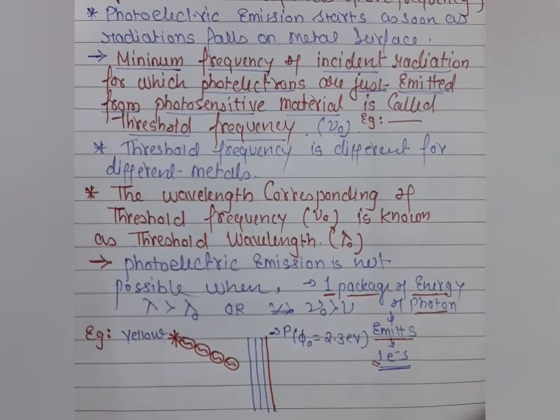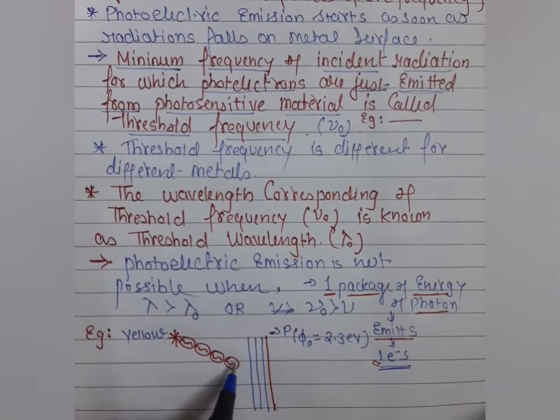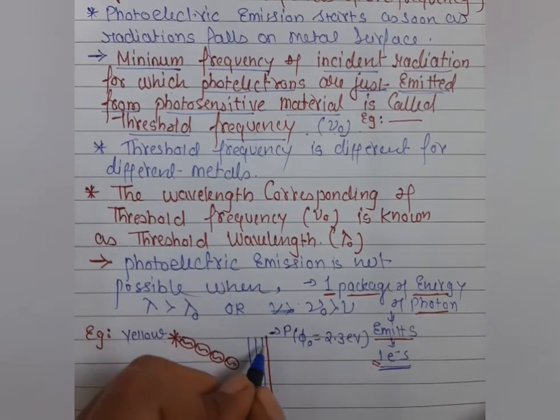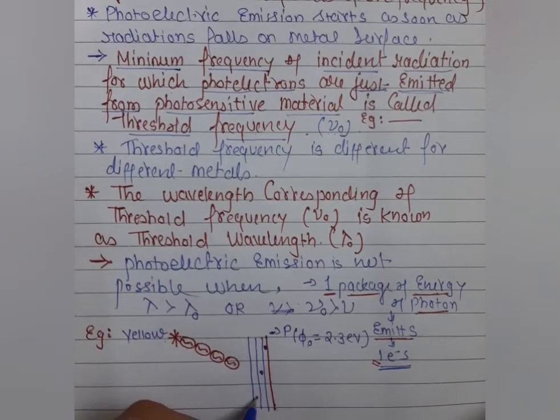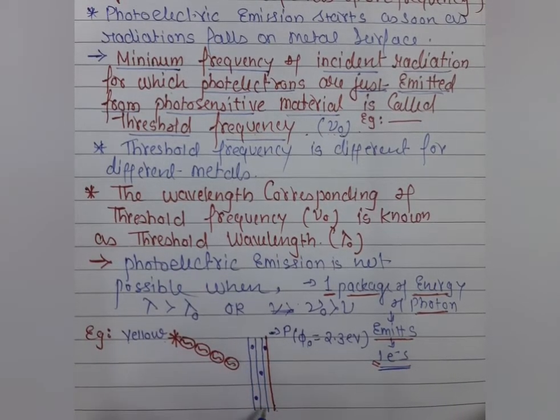So here the number of packages of energy comes onto the metal surface. Only one package of energy emits an electron, and here you can see the different layers are present. As you know very well, students, in the different layers the number of electrons are also present in each layer.